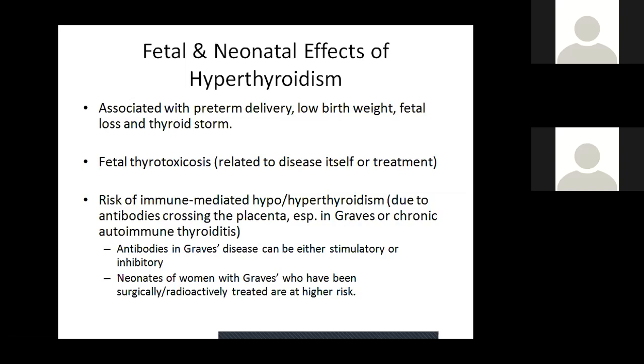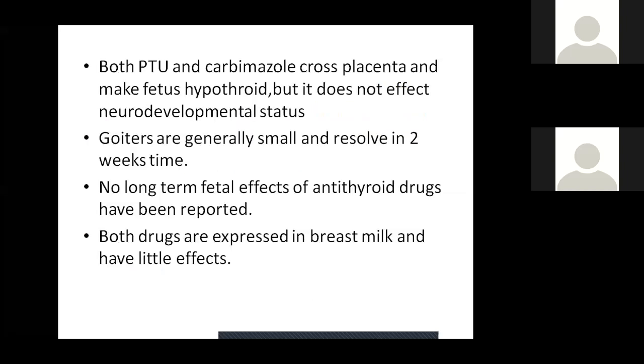Therefore, the fetus can have hyperthyroidism, or even if the mother is hyperthyroid, the fetus can have hypothyroidism also. Neonates of women with Graves' disease who have been surgically or radioactively treated are at high risk of hypothyroidism because of the fetal thyroid ablation.